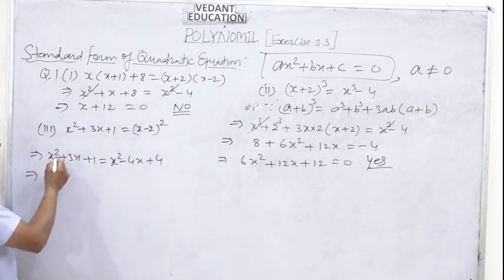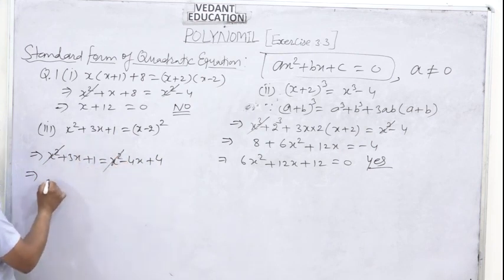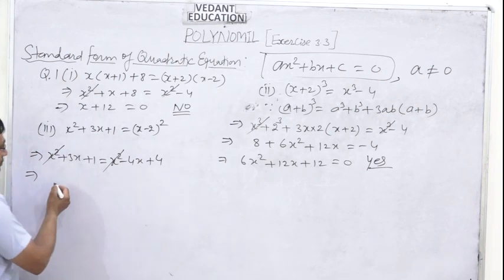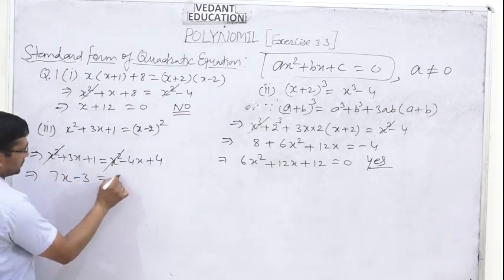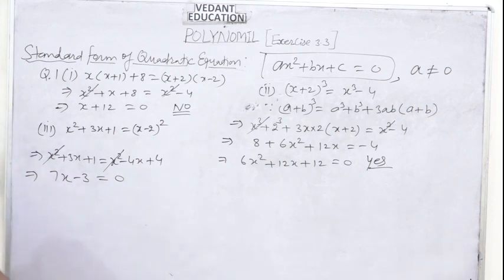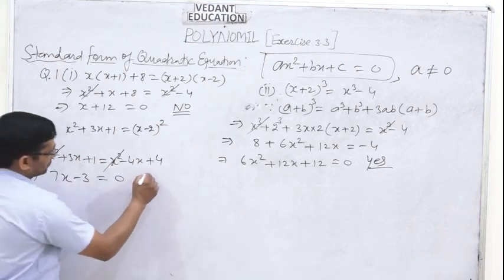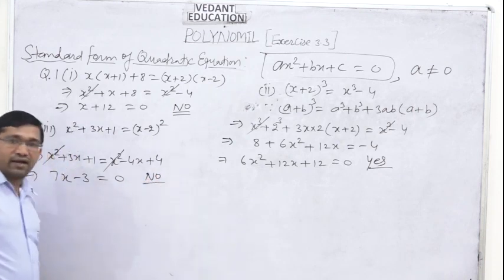Here again x square is cancelled by x square, that is 3x plus 4x, 7x minus 3, because the degree of this equation is 1. So again it is not a quadratic equation.